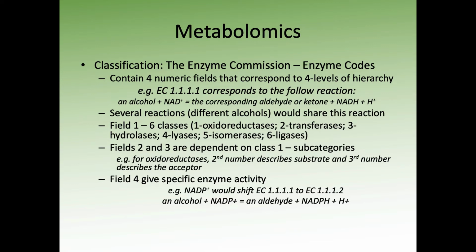Finally, field 4 gives some information about the specific enzyme activity. So if we shifted a component of the reaction, instead of EC 1.1.1.1 we would have EC 1.1.1.2, because we have a very specific change in how the enzyme activity functioned.